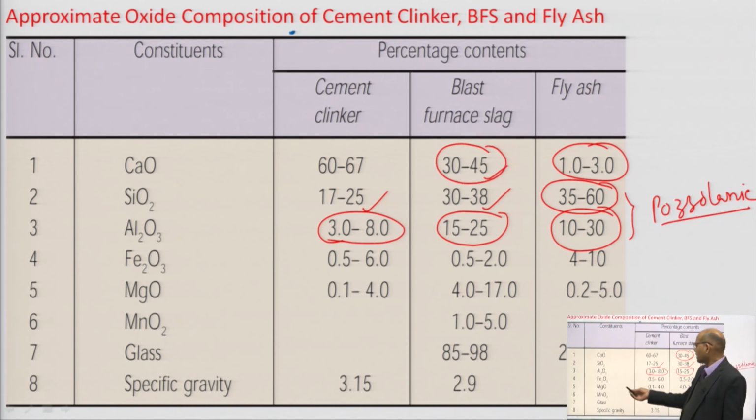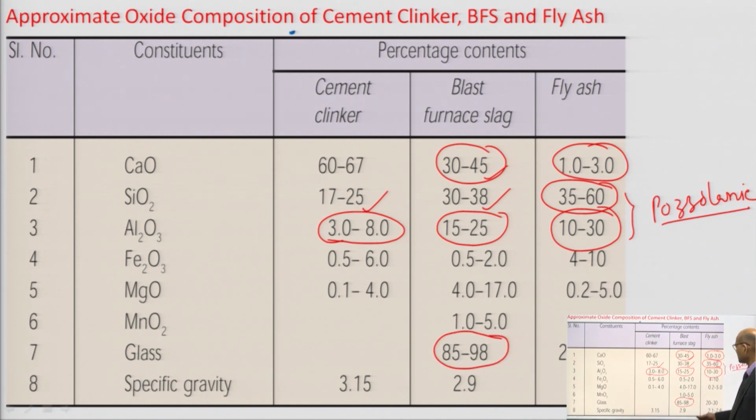And similarly, you have MgO, MnO2, and if you look at the glass phase, you will find 85 to 98% of the material is in glassy phase. This is glassy, not crystalline, and in fly ash also you can get around 20 to 30% in glass condition, which is very highly reactive. Okay.